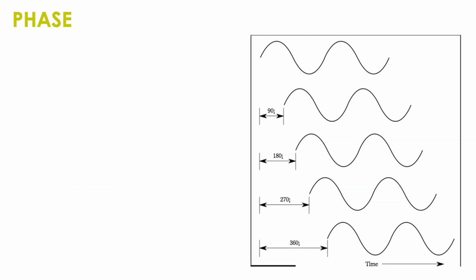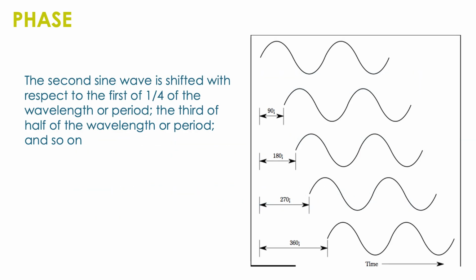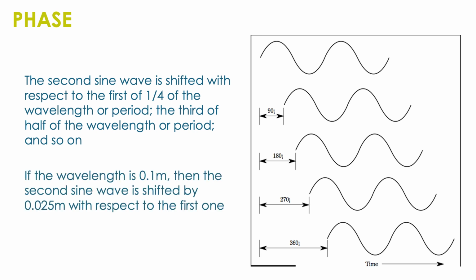In this figure, for instance, the second sine wave is shifted with respect to the first by 1/4 of the wavelength or period. If the wavelength is 0.1 meter, then the second sine wave is shifted with respect to the first by 0.025 meters.